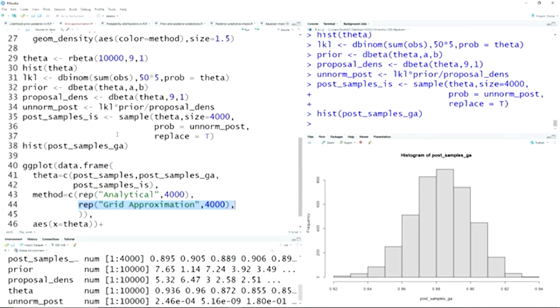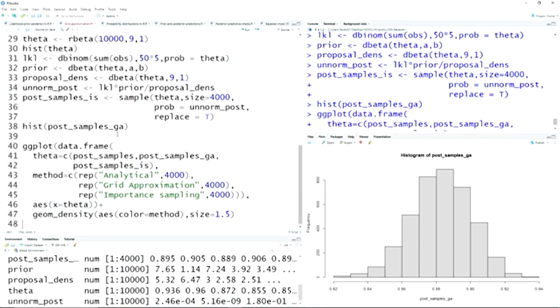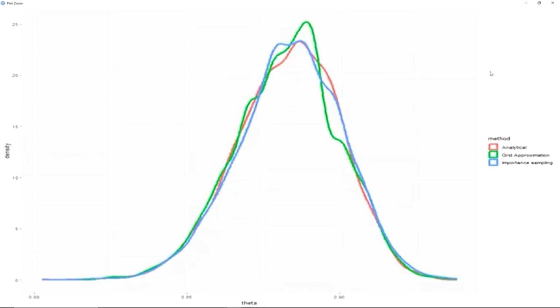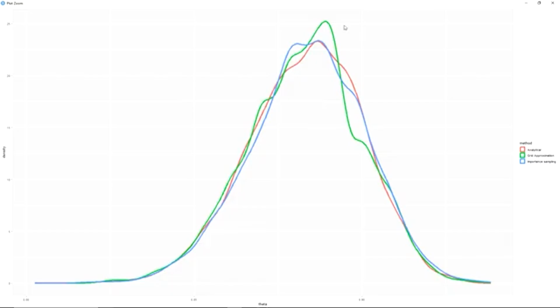Here I can repeat importance sampling 4000 times. Now it gives me estimates using these three methods. The red one is the analytical posterior density, the green one is the grid approximation method, and the blue one is importance sampling, right? And they look similar.